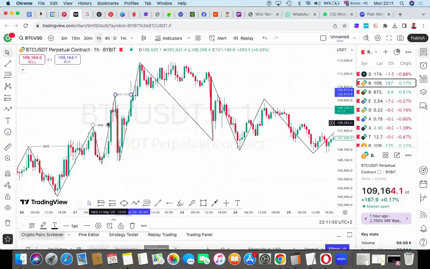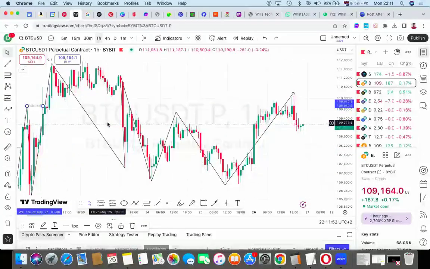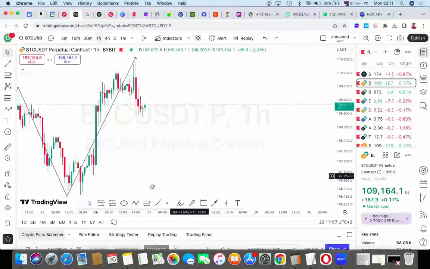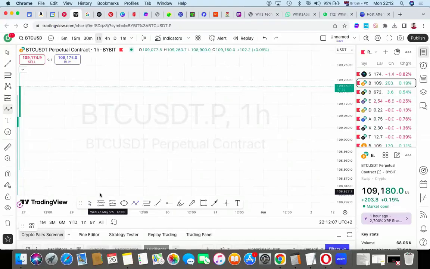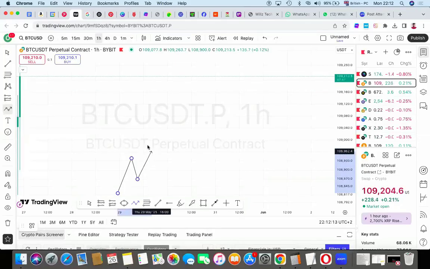So for the person who asked me to explain market structure again, I'll go ahead and give the definition. For us to have market structure, you first want to determine the trend. So let's assume you are analyzing an uptrend. What you will have is an impulsive move to the upside and a pullback phase to the downside, then breaking structure to the upside, creating a new high.